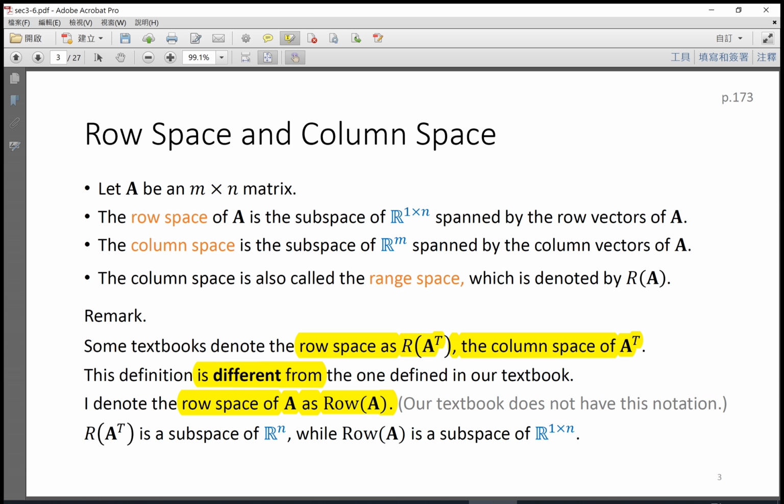Note that this notation is created by me, and our textbook does not have this notation. For this notation, we know that Row(A) is a subspace in R^(1 times n), while R(A transpose) is a subspace of R^n. Note that the vector spaces in which the subspaces lie are different. Row(A) is in R^(1 times n), while R(A transpose) is in R^n.